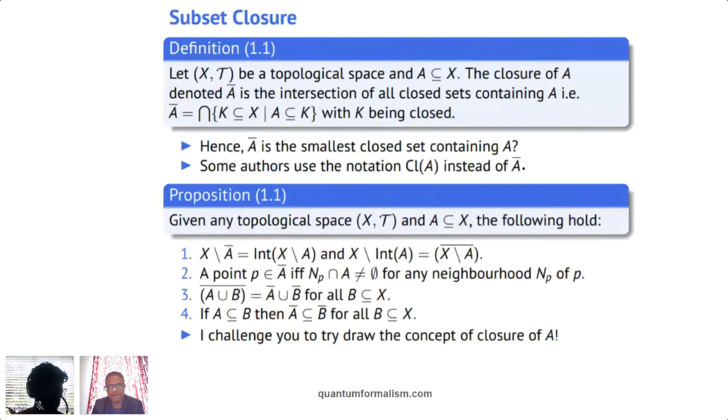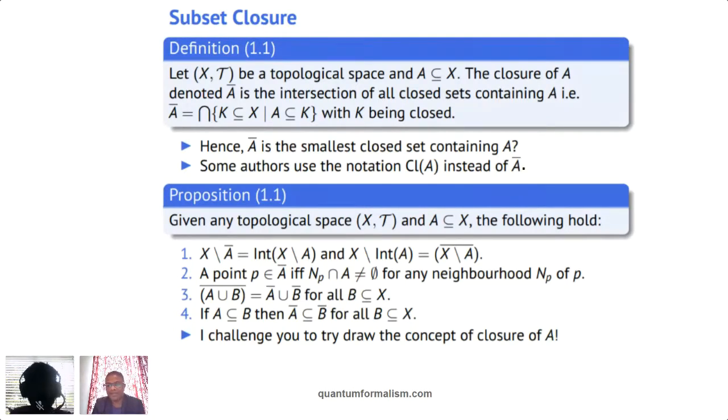Another concept related in some way, as we'll see through the upcoming material, is the closure. The closure is the intersection of all closed sets containing A. Notice the difference between the closure and the interior.